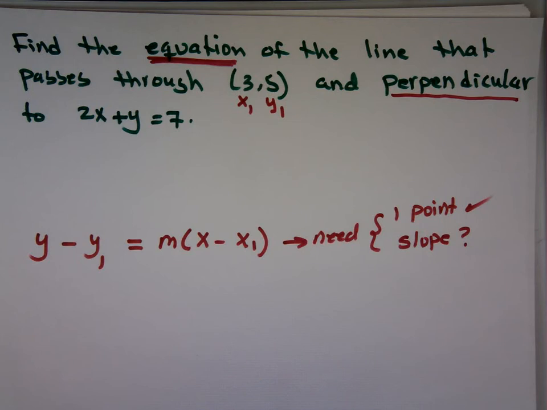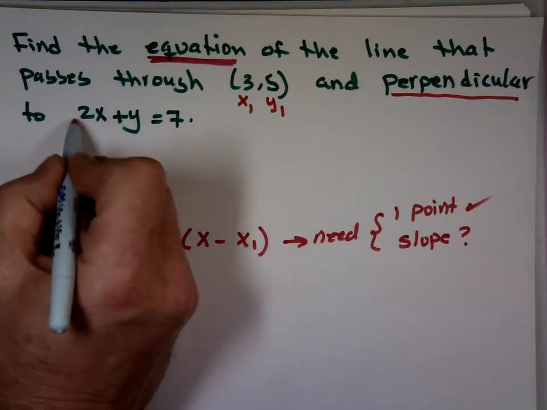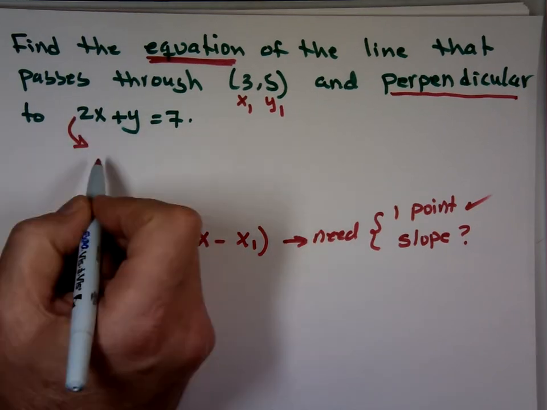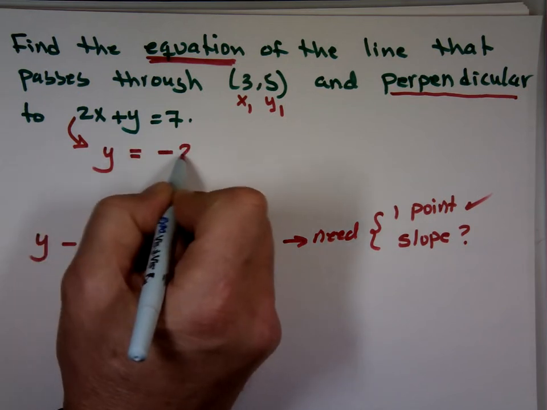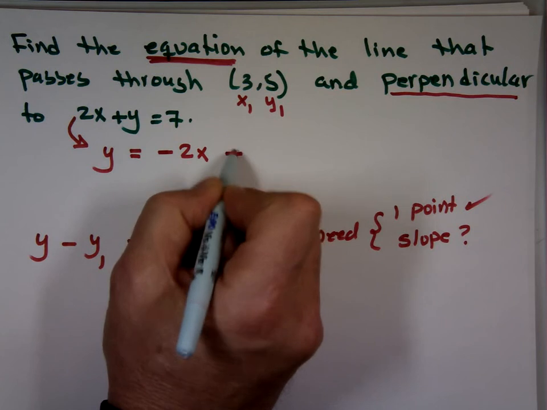Almost. Nope. What is it? Negative 2x. Not the 2x, negative 2. You need to solve this for y to get the slope. y equals what? Negative 2x plus the 7. The slope is the number without x.